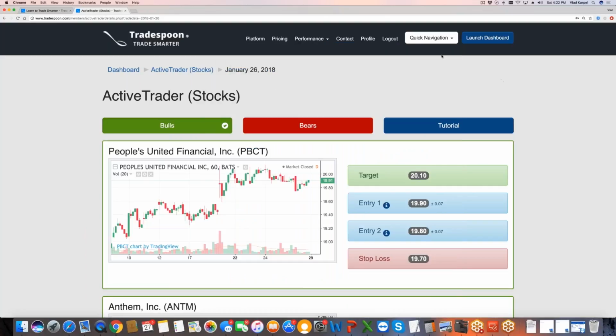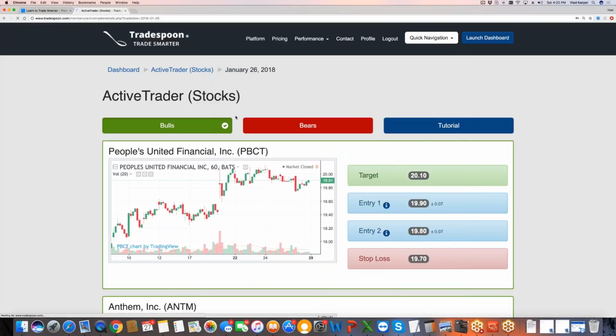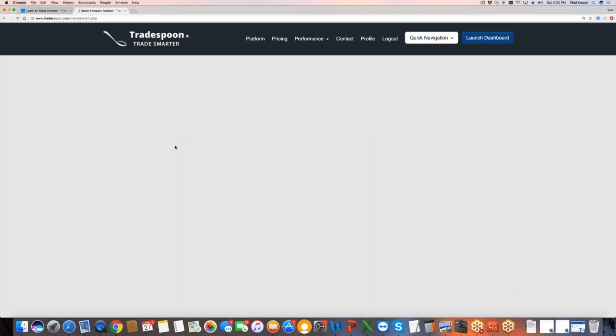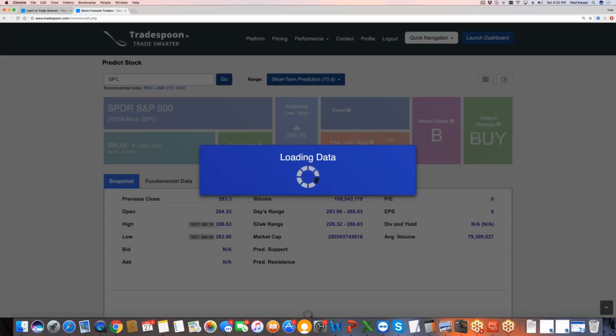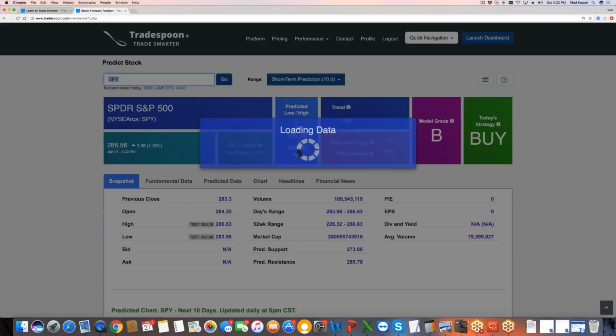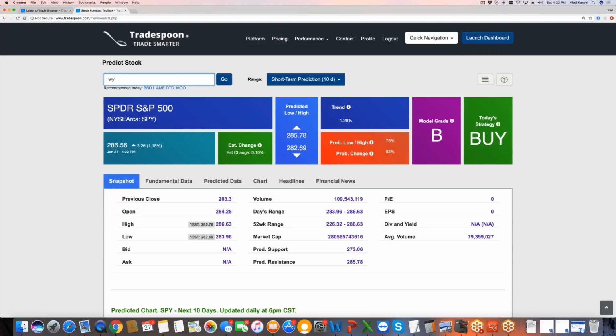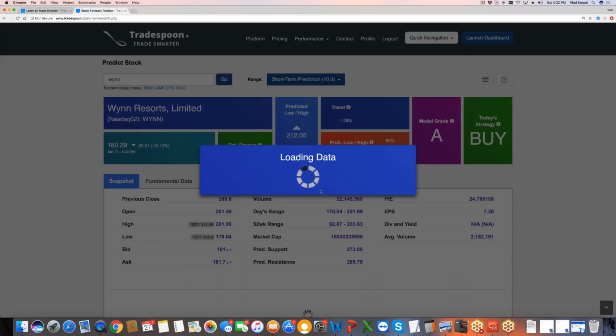Somebody asked about Wynn Resort. On Friday it sold off like 10%, but that was an event. No model can predict that there would be a sexual harassment lawsuit against the CAO, and it would come out at 10 a.m. during Friday, and the market sold off. Our model did not predict that.